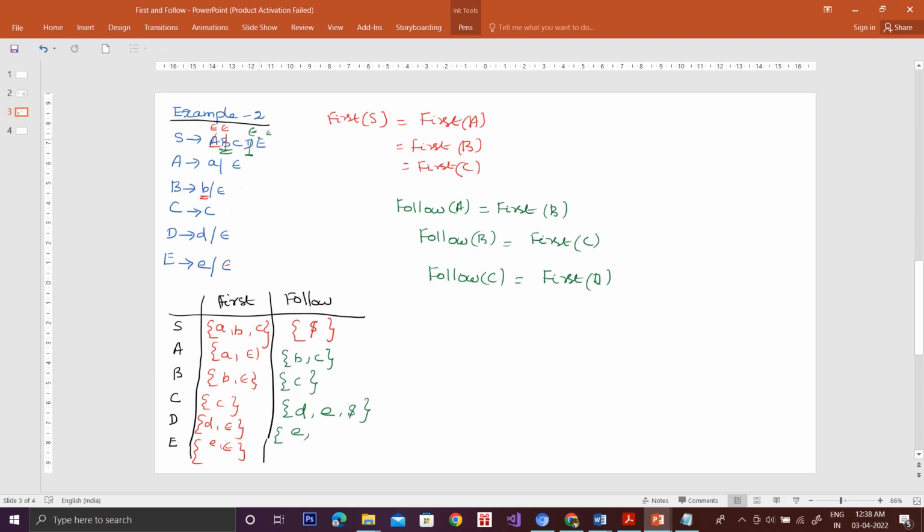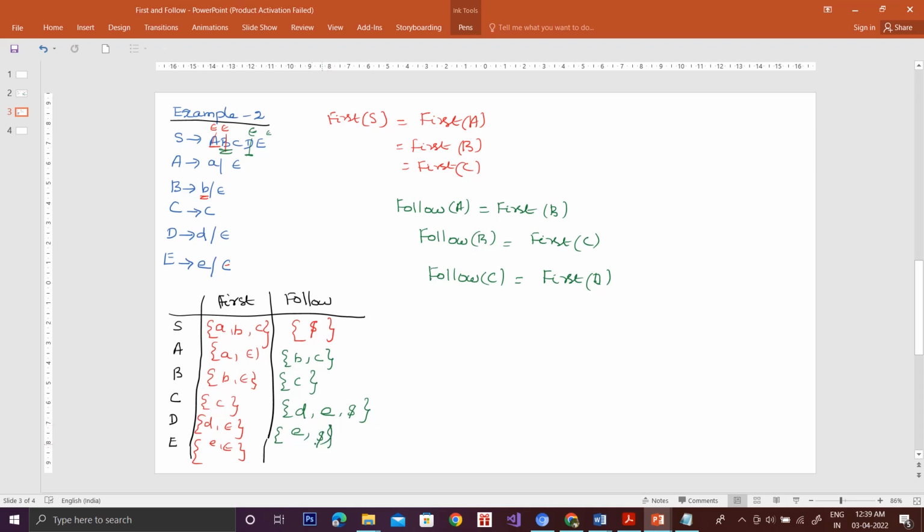When you apply epsilon, after this there is no symbol, so you have to take the follow of the left hand side. Follow of the left hand side is follow of capital S, which is dollar again.